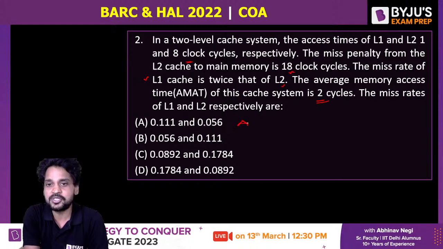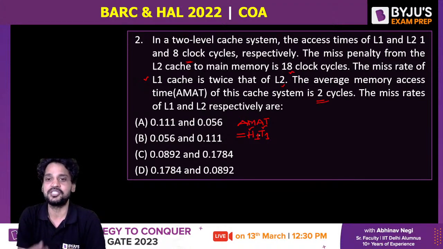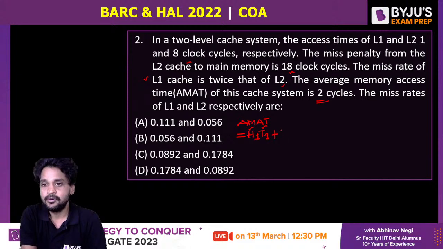In the general scenario, average memory access time is equal to H1 T1, where H1 is the hit ratio of the first level cache, T1 is the hit latency of the first level cache, that is the access time of the first level cache, plus (1 minus H1). Why do we need to go to the second level cache? During a miss in the first level cache, right?